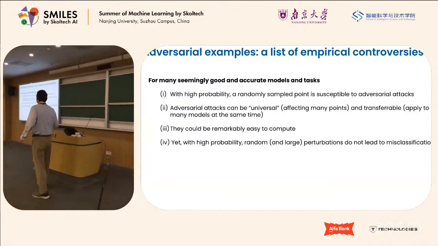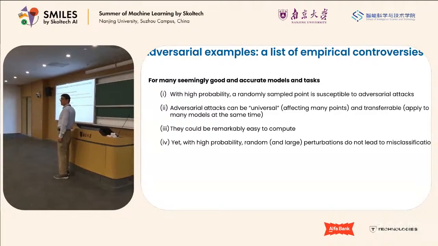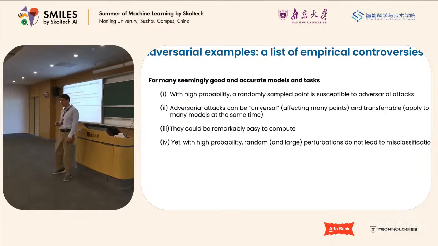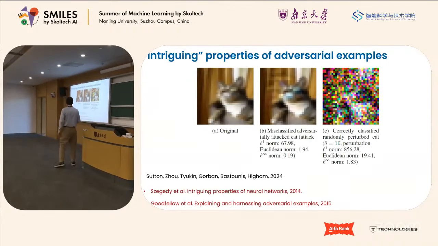Now, what I'm going to tell you is that there are tasks in which, with high probability, a randomly sampled point is susceptible to adversarial attacks. Adversarial attacks can be universal and transferable, in fact, and they could be remarkably easy to compute. And yet, with high probability, random perturbations do not lead to any issues whatsoever. And this is the interesting thing about high dimension.